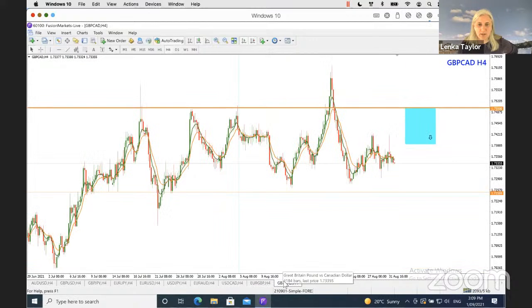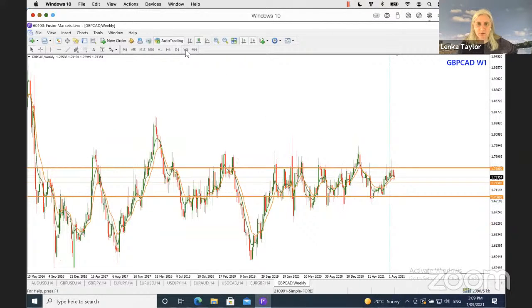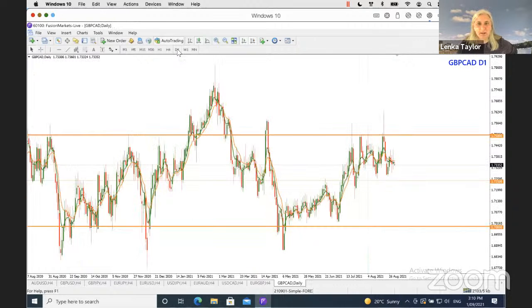And the last one is GBPCAD. I'm looking for a short. This one is also ranging, so I'm just looking to trade at the top of that resistance down to the support, and then possibly back up from the support to the top.